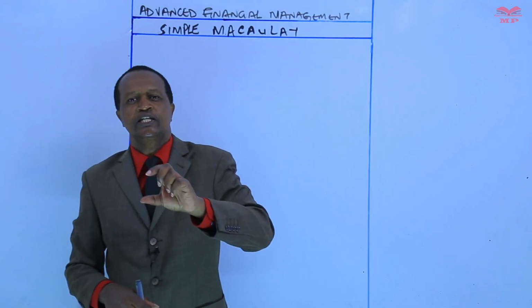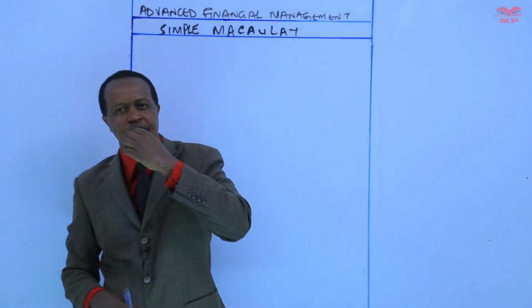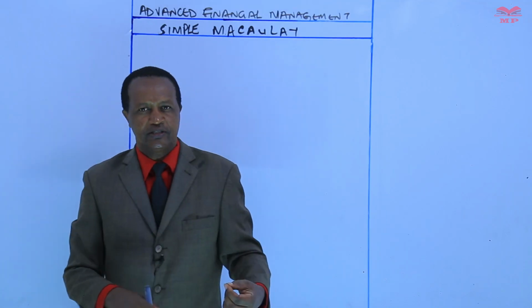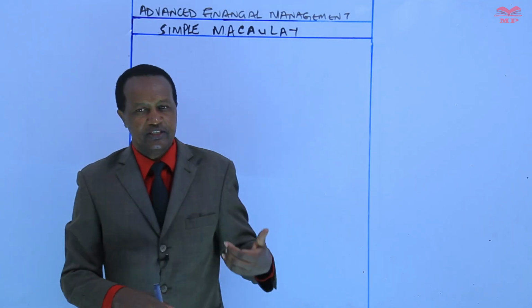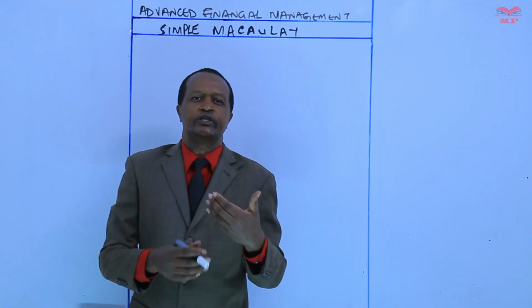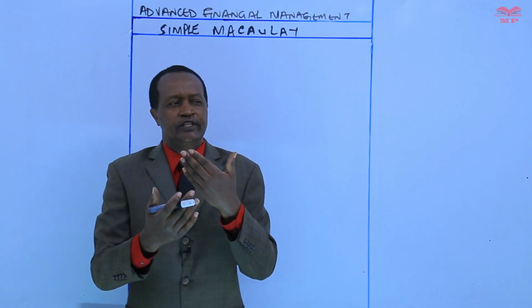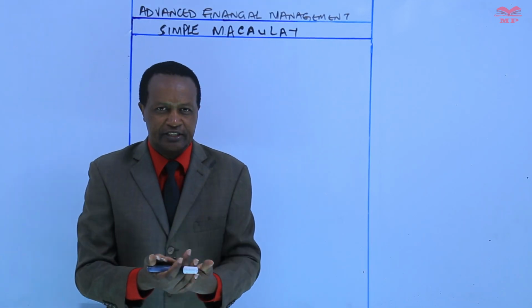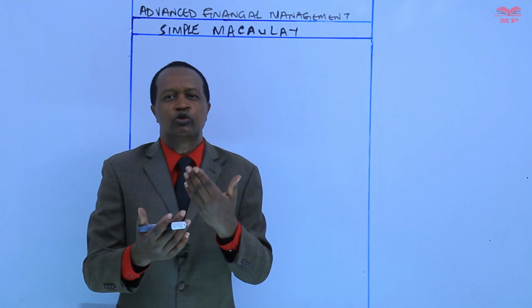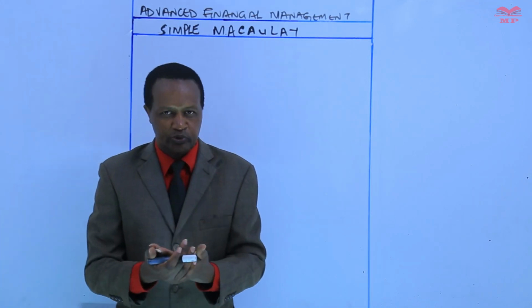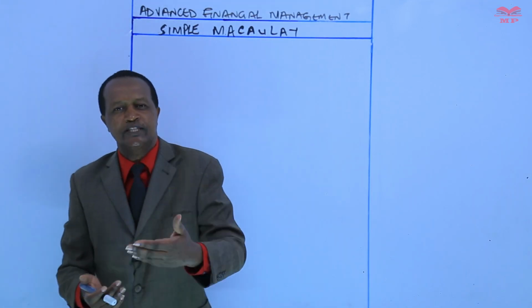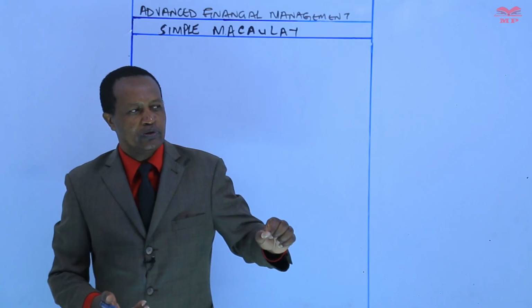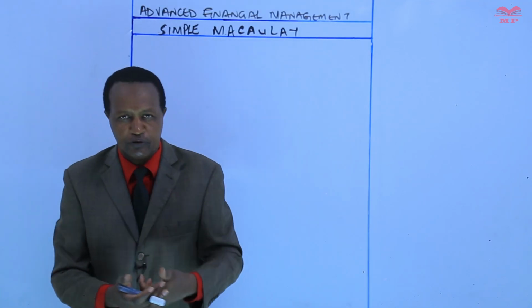That's why we get the word duration. So duration is the weighted average length of time to the receipt of the bond's benefits, which comprises of the coupon and the redemption value, and the weight being the present value of the benefits involved.